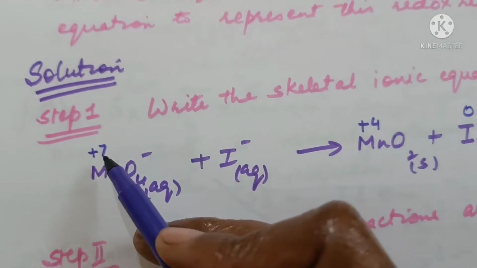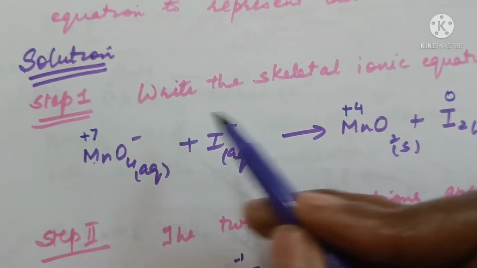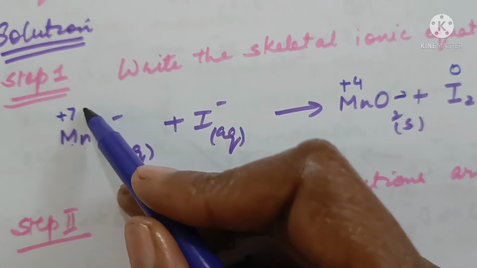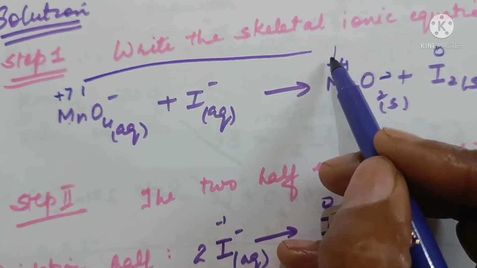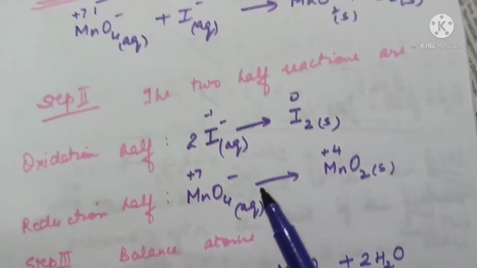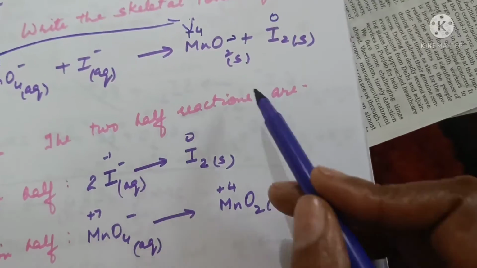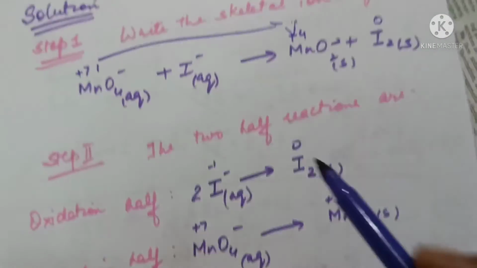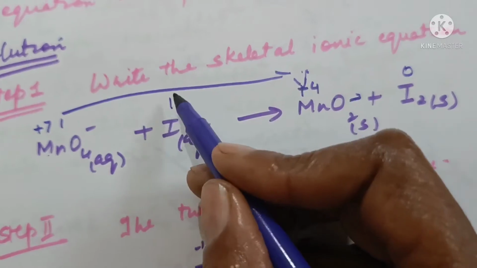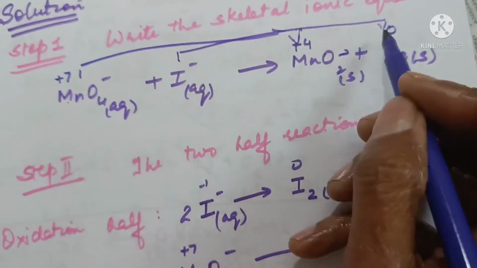For that, the oxidation number of manganese decreases from plus 7 to plus 4. So a decrease in oxidation number is a reduction. So this is the reduction half reaction. So we separate MnO4 negative into MnO2 as the reduction half reaction, and iodide from -1, its oxidation number increases to 0. There is an increase of +1.